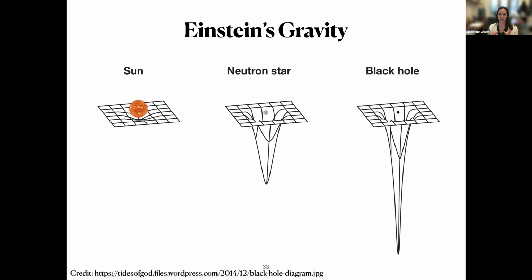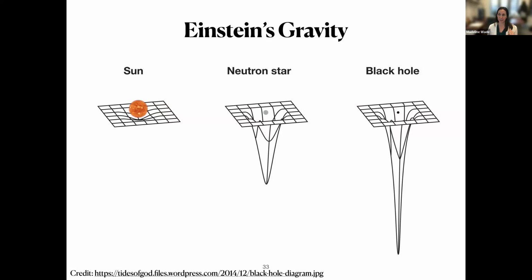A neutron star is going to have a much bigger dip, a much larger curvature in space-time, which is going to lead to more extreme orbits, more extreme gravitational effects. And a black hole is the ultimate extreme of this, where you have an infinite curvature in space-time caused by what we call a singularity, basically all the mass collected at a single point.